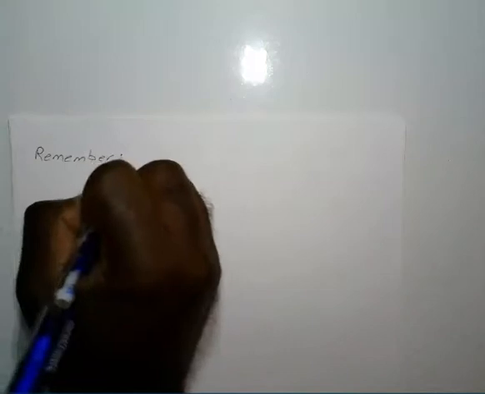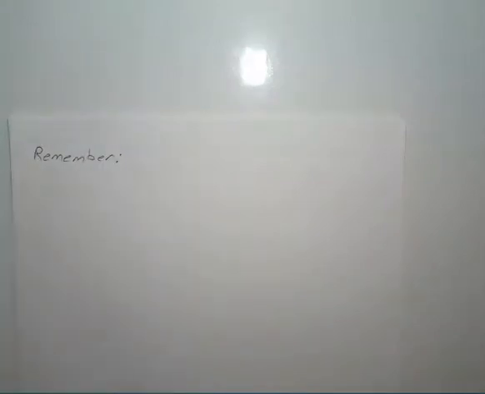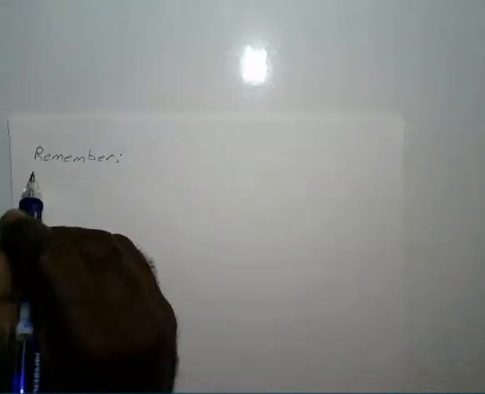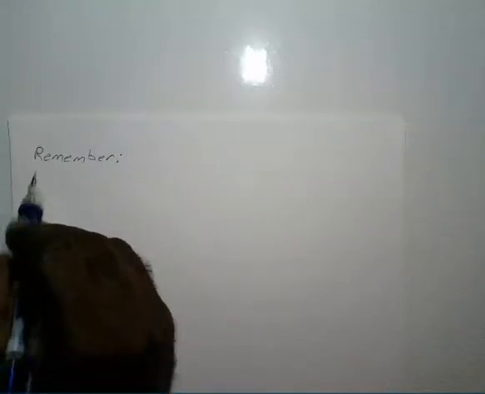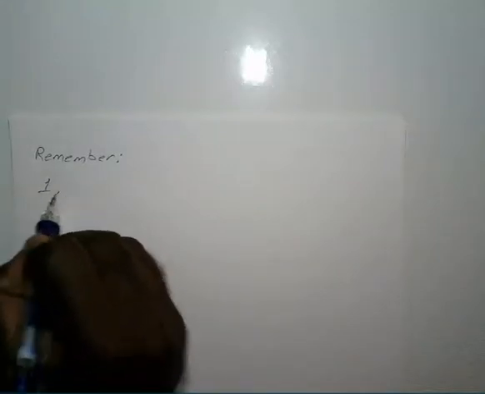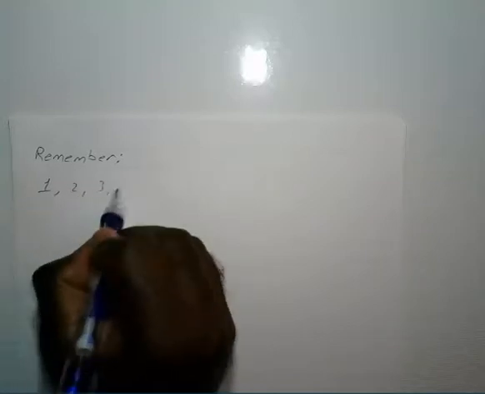Alright, so before we go to our next example, I'm going to do a quick reminder. Okay, so let's say we have the numbers 1, 2, 3, 4, 5, keep on going.